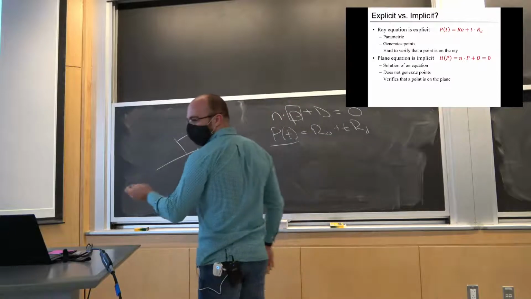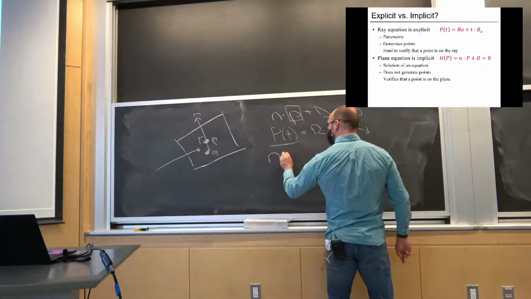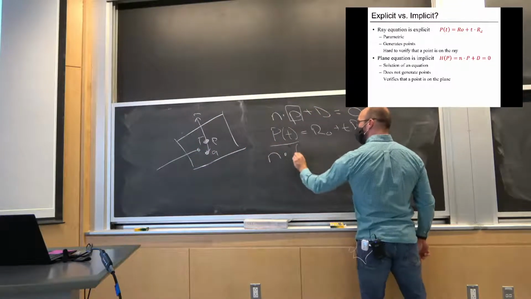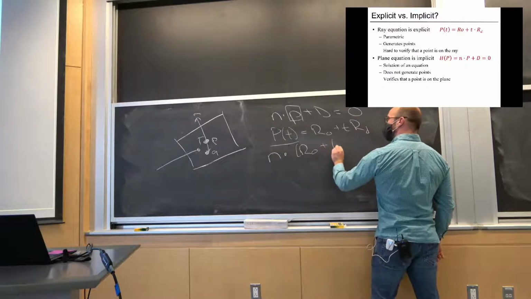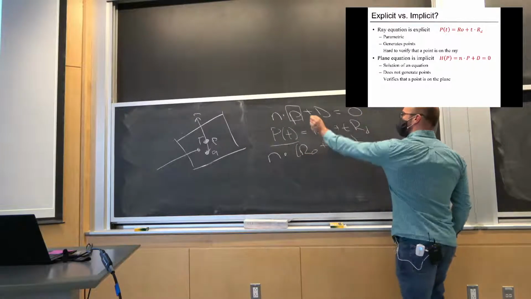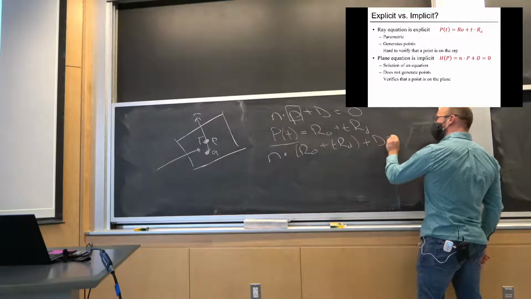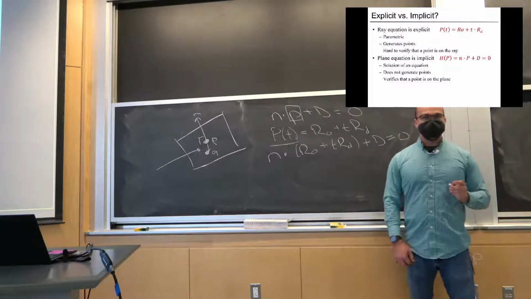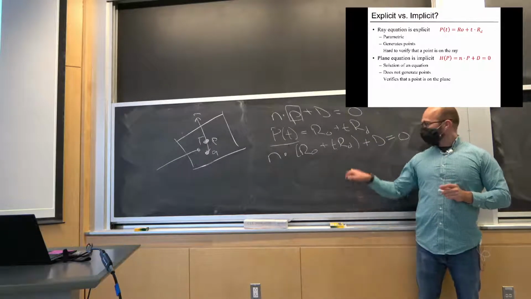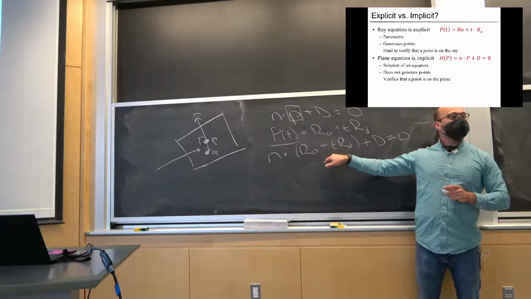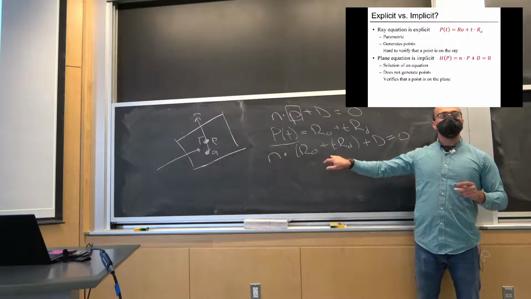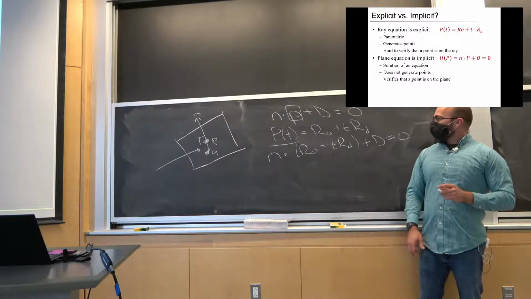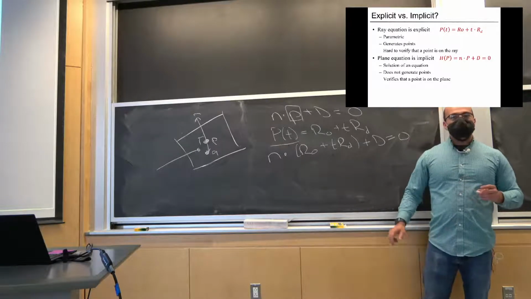I get n dot p of t, which is r naught plus t times rd, plus d equals 0. And what should I do? Well, now I can just solve for t, because remember, that's our task at the end of the day: find the smallest positive t that runs into an object. Well, luckily for us, this is a linear relationship, right?